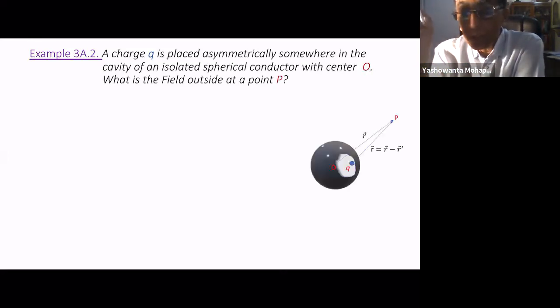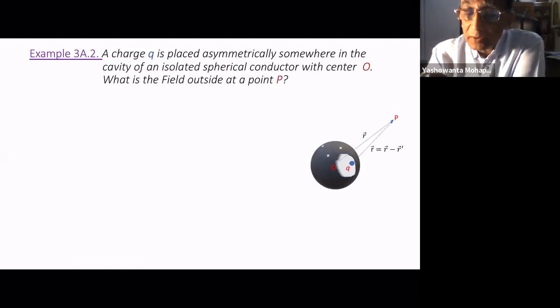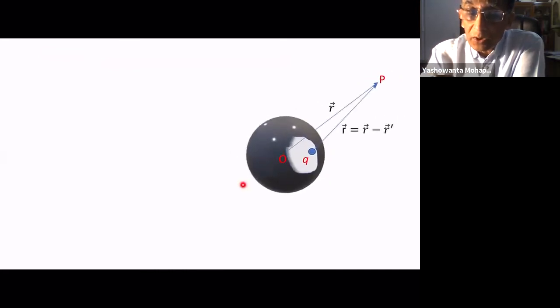So it is a spherical surface, and I have its origin here, and then inside the cavity, somewhere asymmetrically, I put a Q.